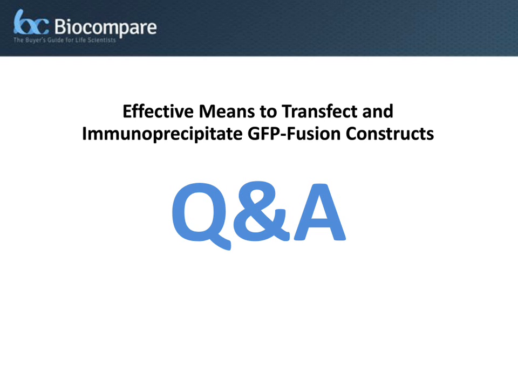Are there applications where you'd recommend agarose coupled trap over magnetic bead trap? Well, yes, it depends on your application. In principle, both work fine, but the agarose beads have a much higher binding capacity than the magnetic beads.